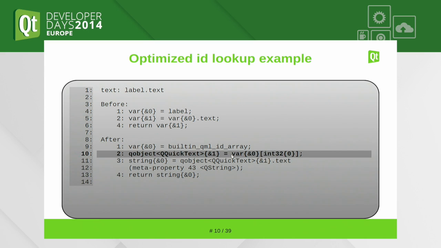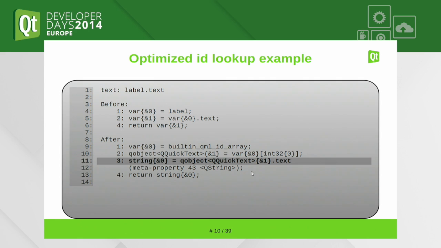We know it is a text element. And because we know it's a text element, we can also resolve the text property already at compile time to the meta property index. So we do this, what we normally would have to do at runtime, which is this index of property, and try to resolve the term text, the string text, to what index it is in our list of properties in the QObject.